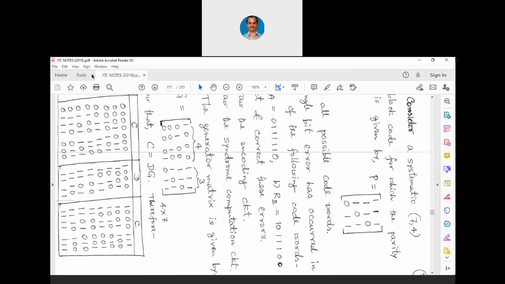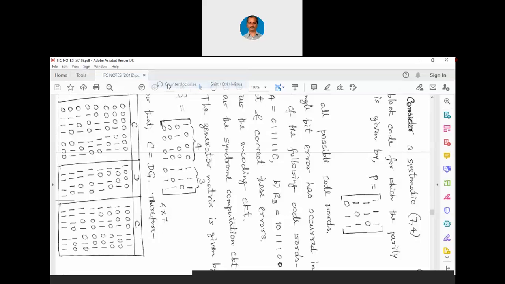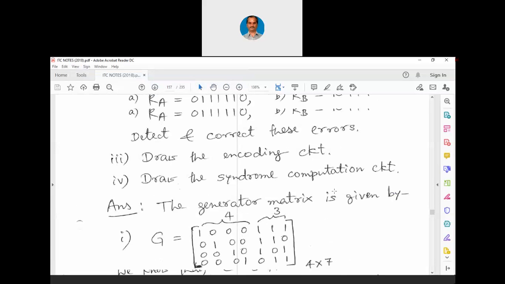I will have to rotate this page once again, rotate view counterclockwise. You can see the generator matrix. In this generator matrix, we can come to a conclusion about C5, C6, C7. See, 1 1 1 0, 1 1 0 1, 1 0 1 1. Just look at this column.